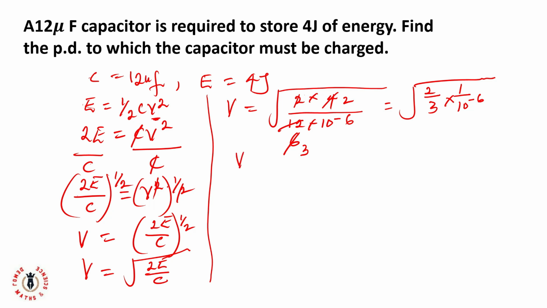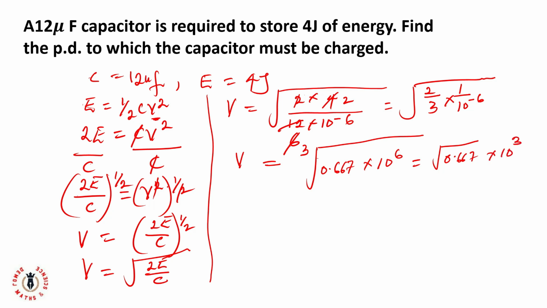Its indices once more, which is equal to the square root of 2 over 3, for my calculator is something as 0.667 times 10 raised to power 6, which is equal to now the square root of 0.667 times 10 raised to power 3.